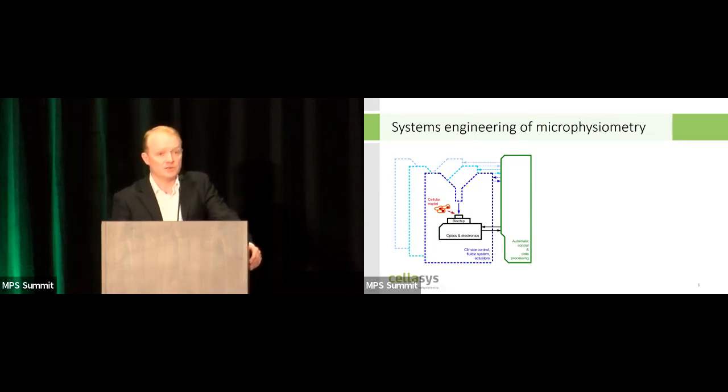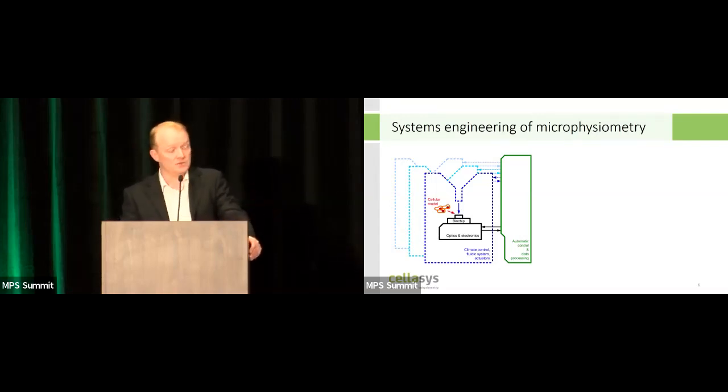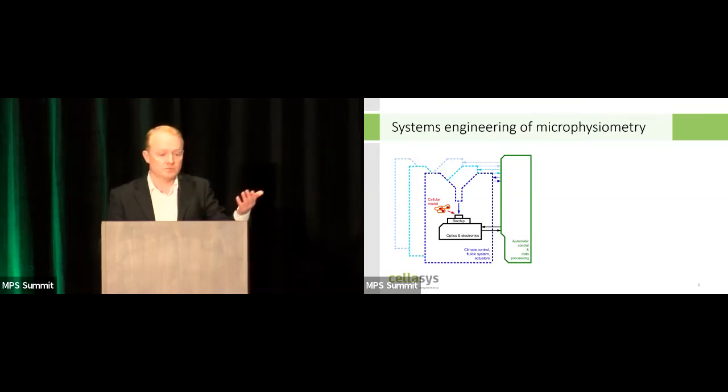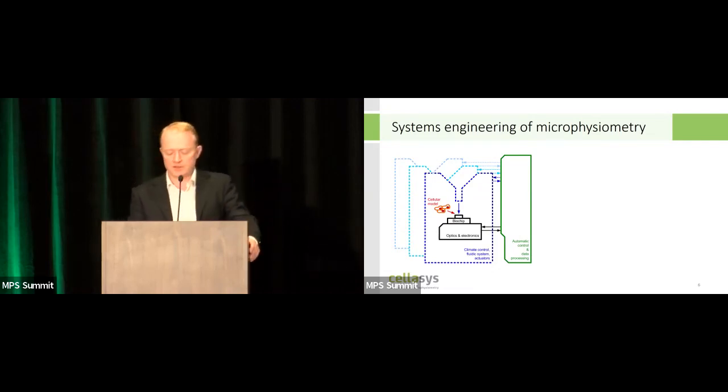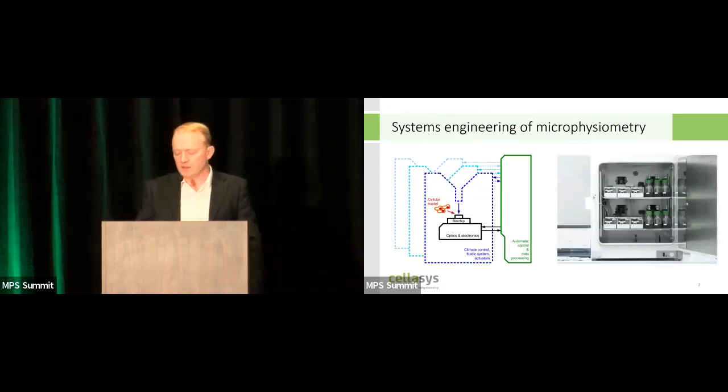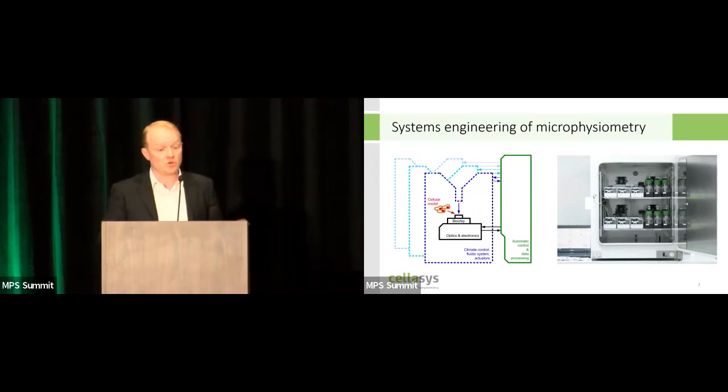Very importantly, everything is placed in a climate control chamber with a more or less sophisticated fluidic system and with actuators. Usually that is controlled by a computer. And what we indicated here is that you may want not only one channel, but more channels for your system.